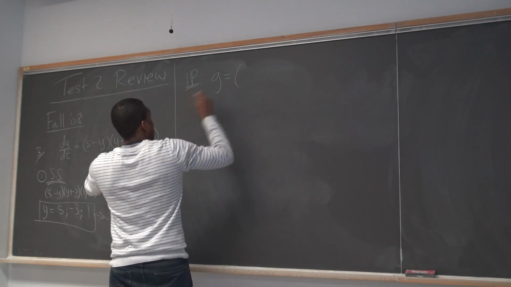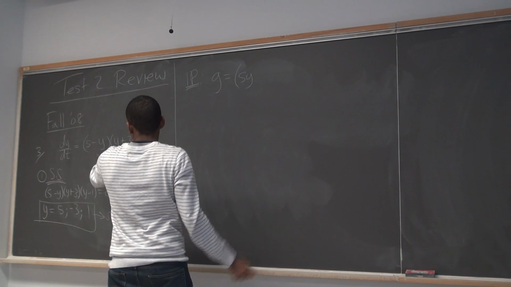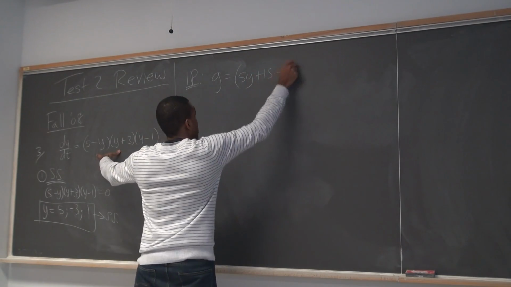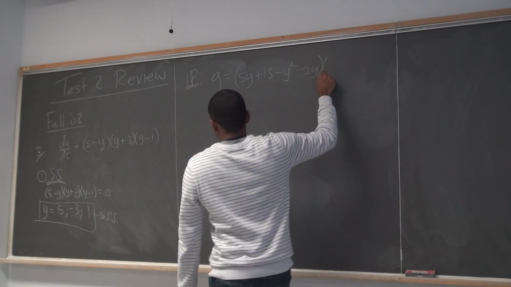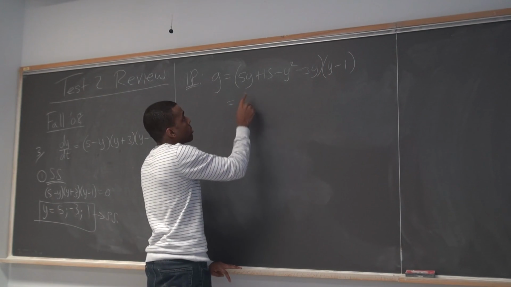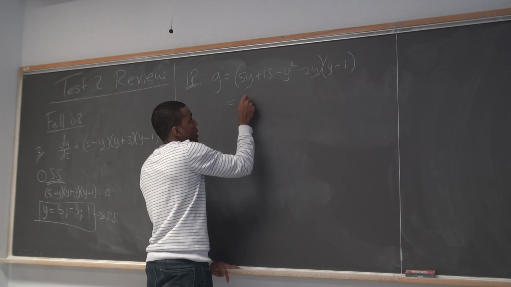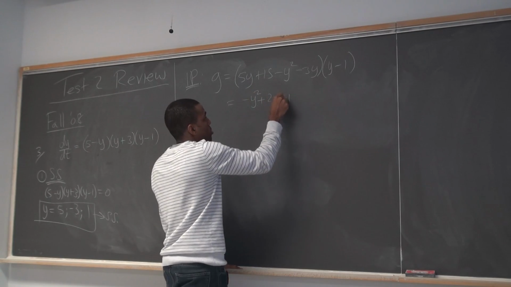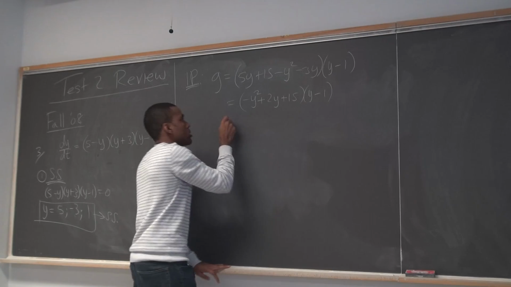You get 5y plus 15 minus y squared minus 3y, all that times y minus 1. So this is 5y minus 3y, it's just 2y, so I get minus y squared plus 2y plus 15 times y minus 1.